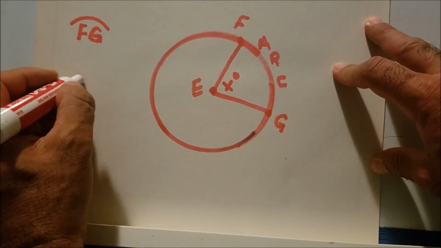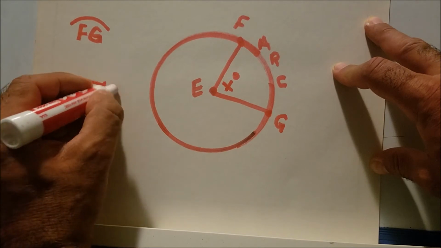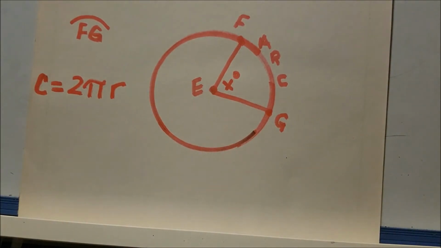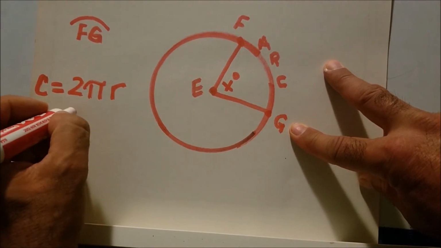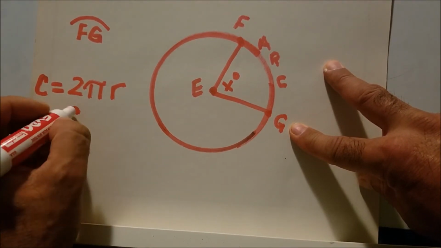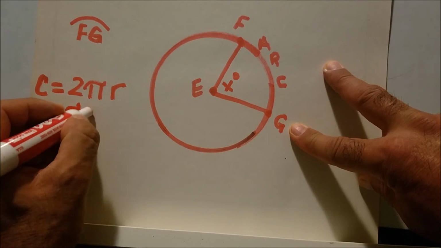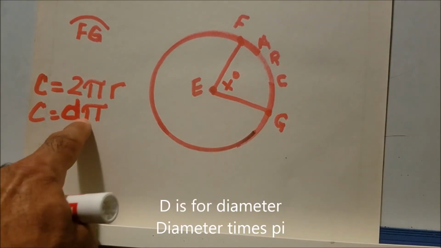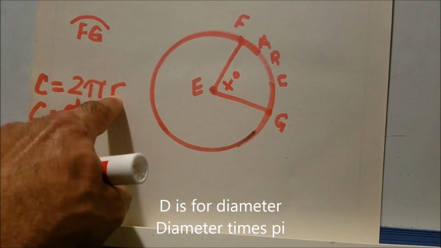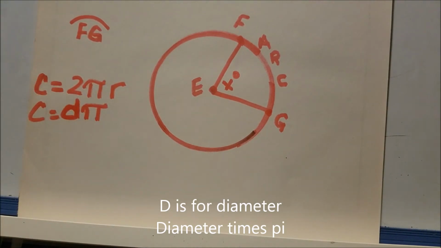Most people use 2 pi r. That's how you get the circumference of a circle. Or some people just use d pi. Same thing. So whichever one you want, d pi or 2 pi r.